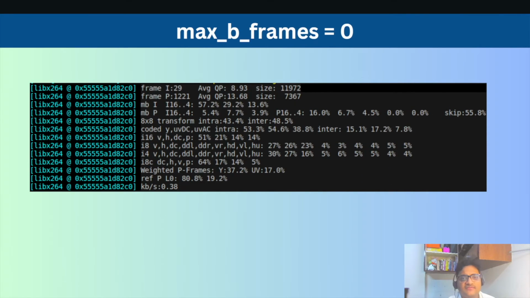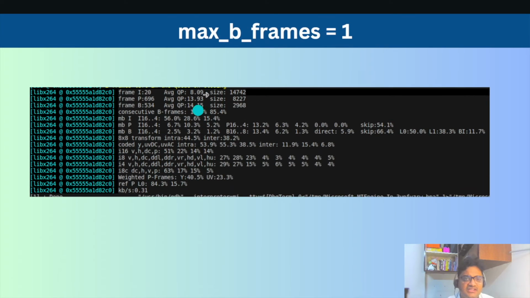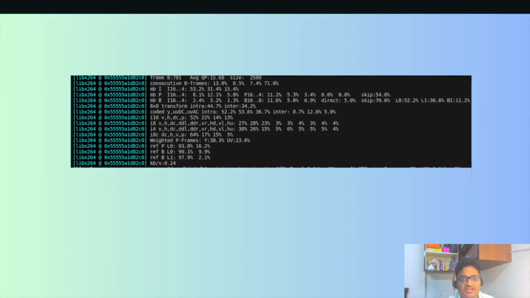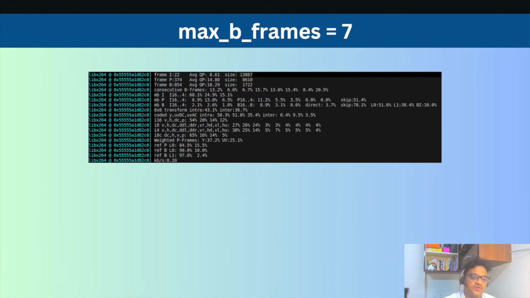Here, when max B frames is 0, you can see the size is larger. Here the size is reduced a bit because max B frames is 1. It means the MP4 file is now smaller because it is more compressed, but the computation time to decode will be more. Something similar here, max B frames is 3, and so on.